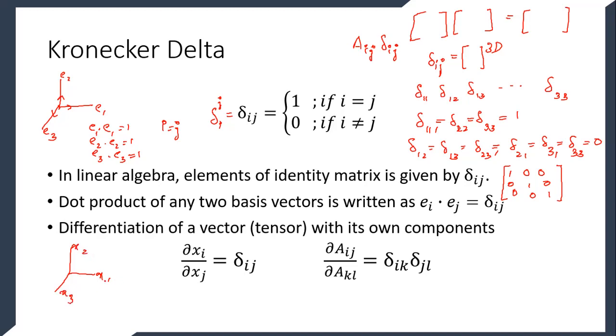Now x1 does not have any component along x2, so x1 cannot be differentiated with respect to x2. Similarly, x1 cannot be differentiated with respect to x3. x1 can only be differentiated with respect to x1. Therefore, dou xi by dou xj will give you delta ij. That is, only dou x1 by dou x1 stands and all other terms go to 0.